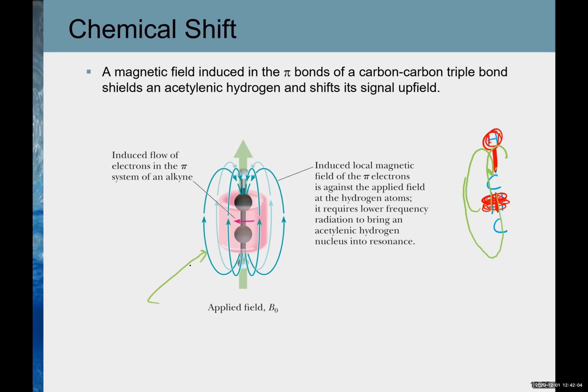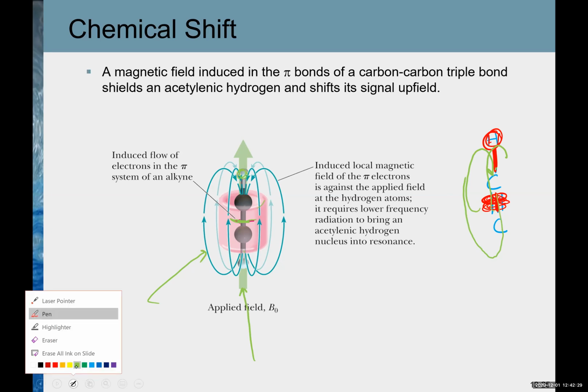So this one shows a better picture. The pink circle around, you see these are the pi electrons, the two pi bonds or pi orbitals. The pi electrons rotate in this direction and create a ring current. This big green arrow is the external field. And there is the hydrogen right in the middle.